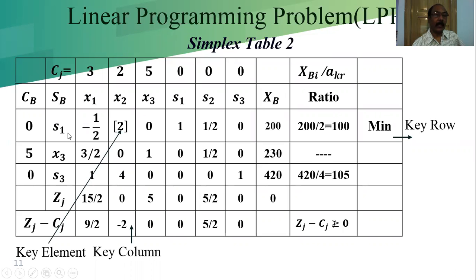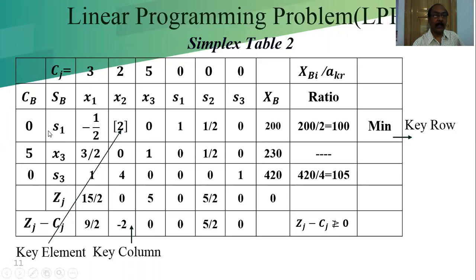That means S1 is replaced by x2, and that 0 coefficient will be replaced by 2 in the next table. This is our key row, since the minimum corresponds to the first row, corresponding to S1. The intersection of key row and key column is our key element. 2 is our key element.